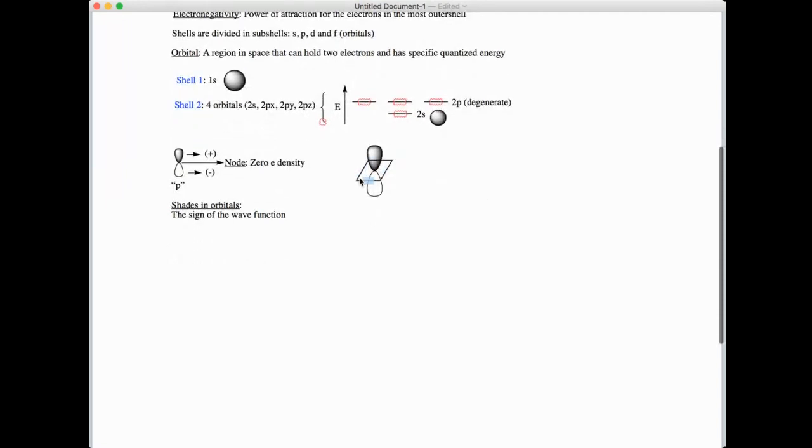And what I said here, I drew a plane here, right? And that plane is across the node. We call this a nodal plane, and that's once again a plane where we have zero electron density.